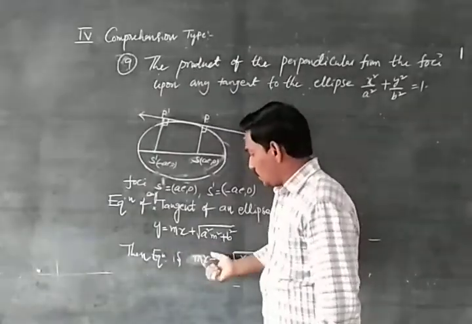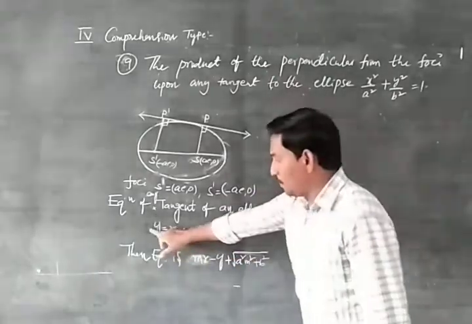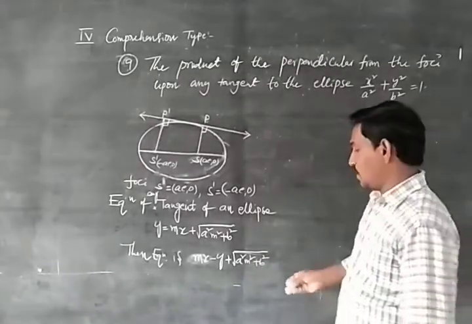Okay, the foci are S equal to AE comma 0 and S dash equal to minus AE comma 0. Then the equation is, by transposition, mx minus y plus root of a square m square plus b square equal to 0. This is the equation. That is the rearrangement of the equation.